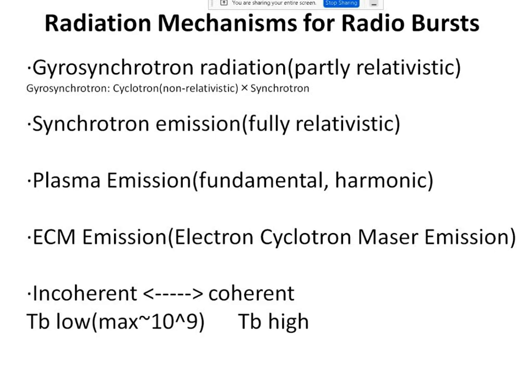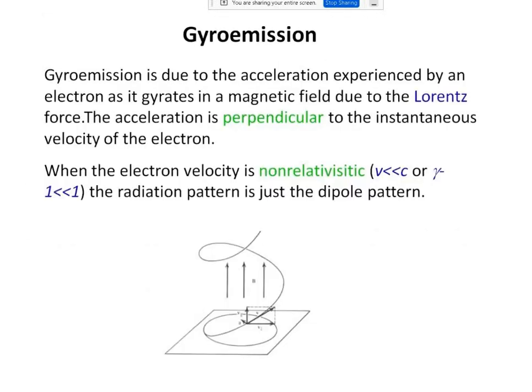So there are incoherent emissions and coherent emissions. For incoherent emissions, the T_B is usually very low, no more than 10 to the 9th K for solar emissions. For coherent emissions, coherence means there is amplification, so the T_B is very high, usually higher than for incoherent emissions.